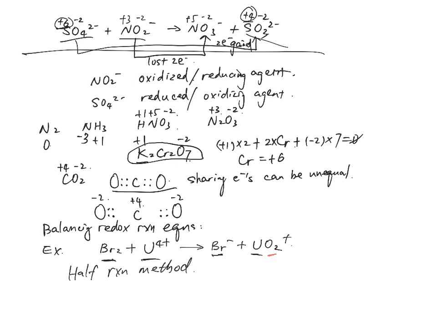I want to be very clear about this. Half reaction method is not the only method of balancing redox equations. Those of you who have been through Chem 110 know that in Chem 110, we use a different method to balance redox equations.